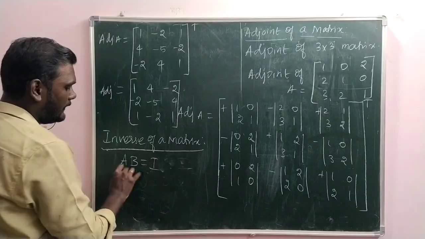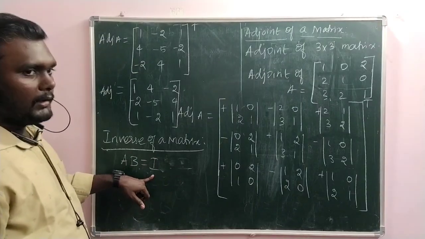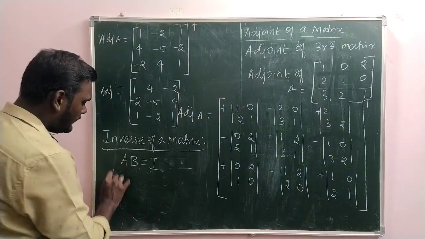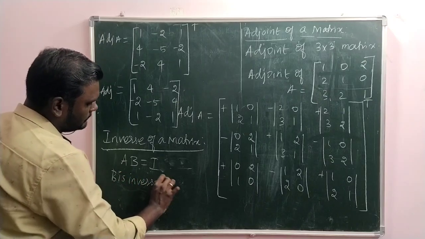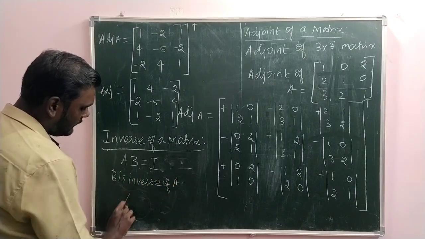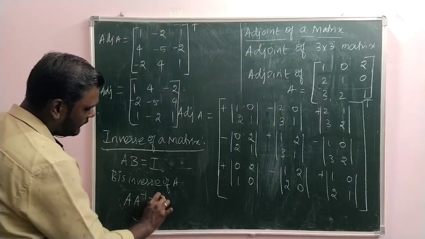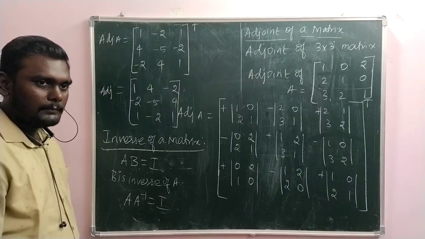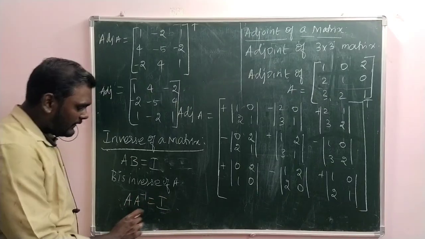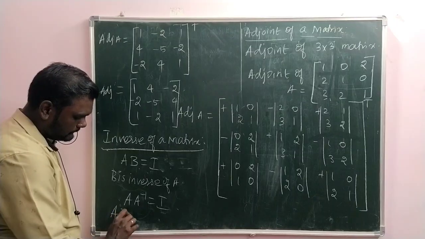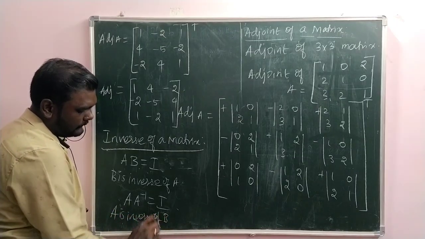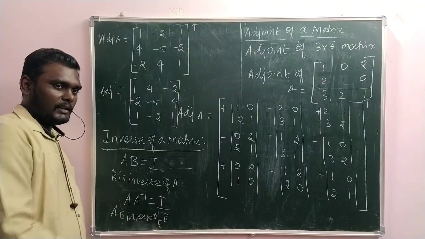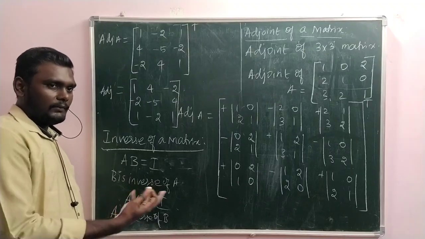When we multiply these two matrices, we get the identity matrix. So we say B is the inverse of A, that means AB is equal to I, and A is the inverse of B. Each of them is the inverse of the other.